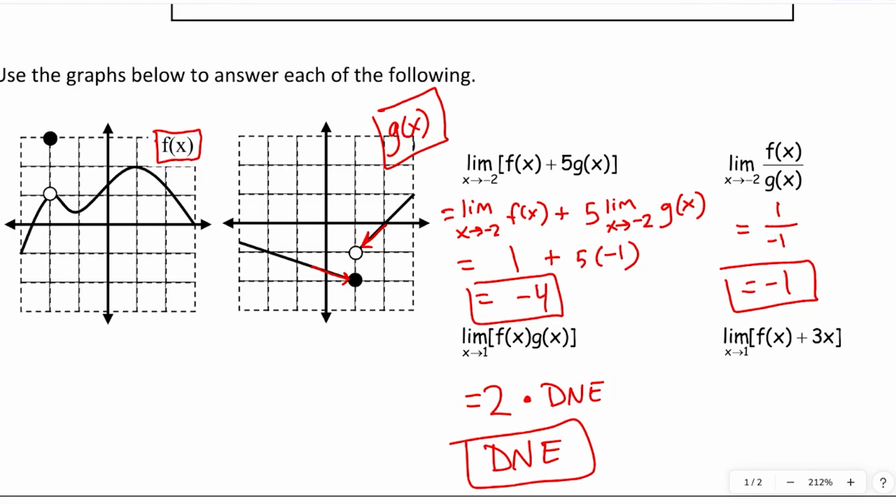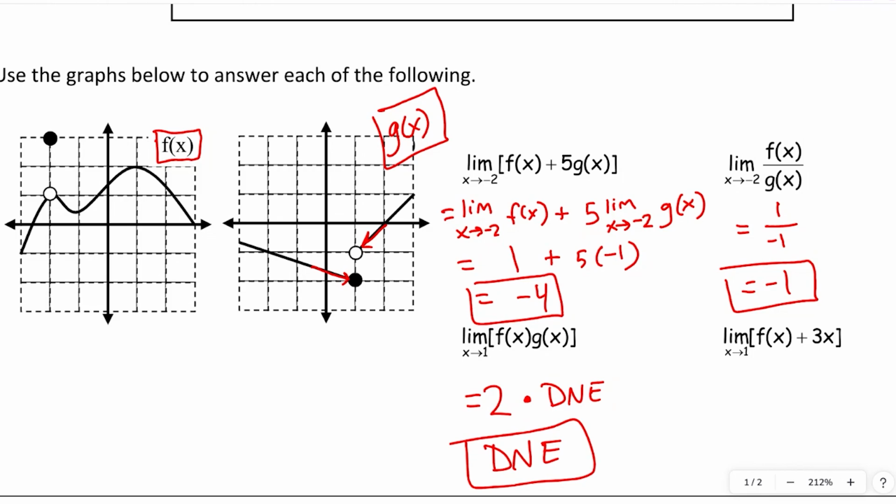Okay, now what about this other one? This is a little different because we've got a function that is not graphed, 3x. But what is 3x approaching as x gets closer to 1? 3. Yeah, 3x is just a line, right? It's continuous. So the limit will exist everywhere. So you just plug in 3.